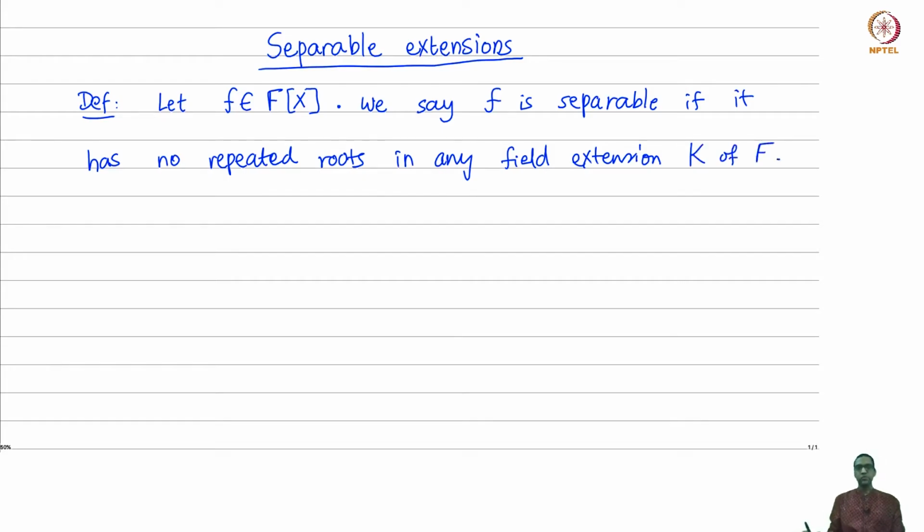Of course, suppose you're given a polynomial f, to check if it is separable or not, where's the best place to check? If you, for example, take K to be the splitting field of f, or you take K to be the algebraic closure of the base field F, definitely over which the polynomial f splits.